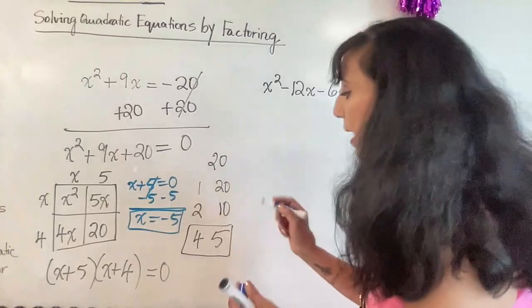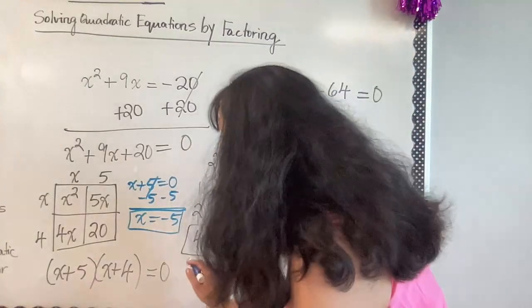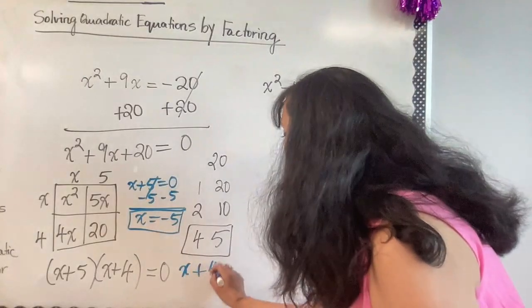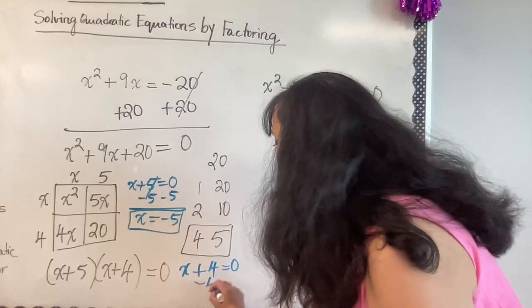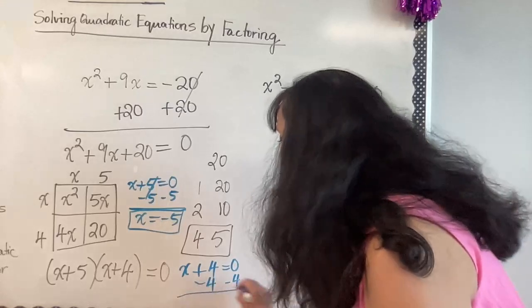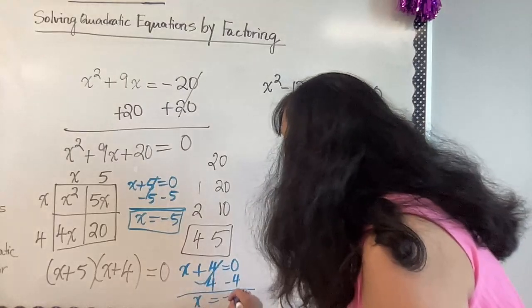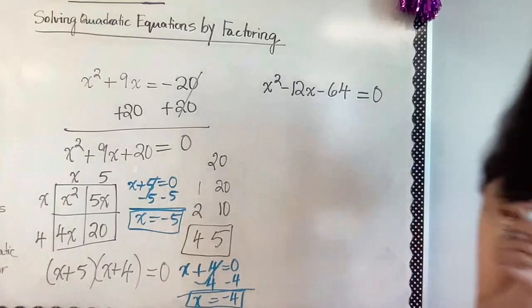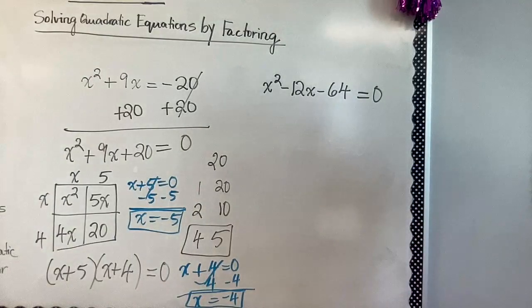My other solution: x plus 4 is equal to 0. So subtract 4 from both sides, and therefore x is equal to -4. So here is my other solution. My solutions are x equals -5 and x equals -4.